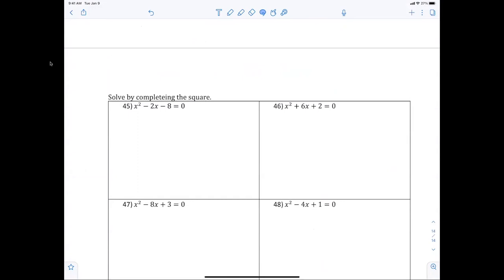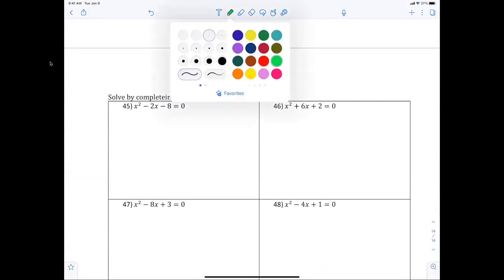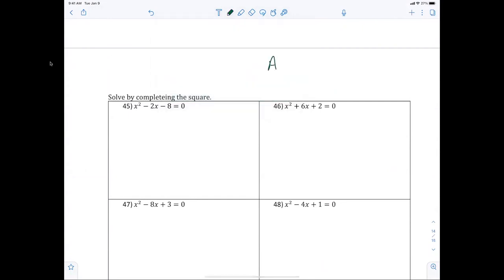All right, now the next thing that was kind of important, and it will be important for your algebra 2, is solve by completing the square. That's how they discovered the quadratic formula, by completing the square.